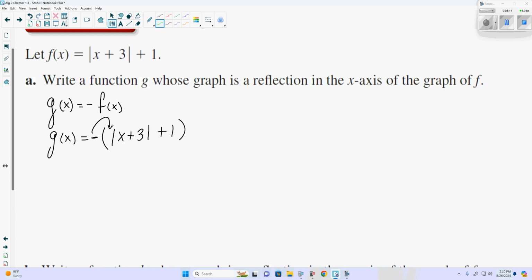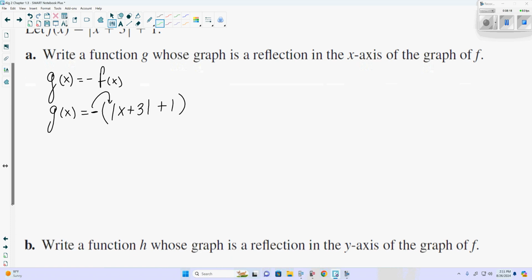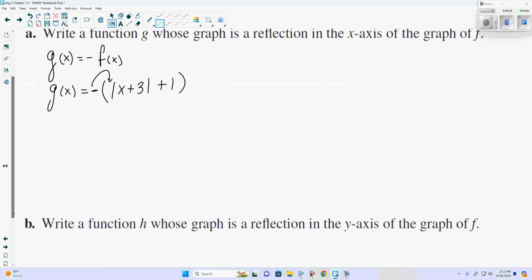We're multiplying the number in front of it. Now, there's not a number specifically written there, but what is it understood to be? 1. Because if the number's not written, it's understood to be 1. So we're multiplying that 1 by a negative, which would make it negative 1, or we can just say negative absolute value of x. So the absolute value went from positive to negative.